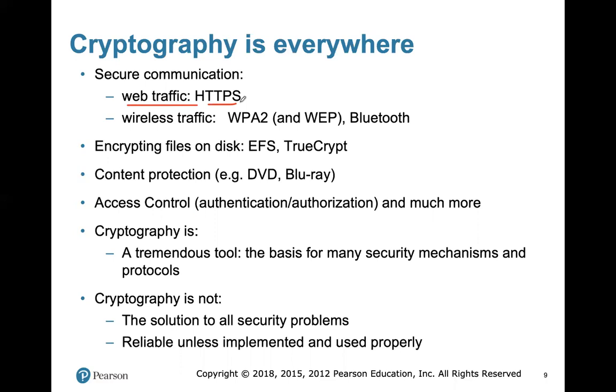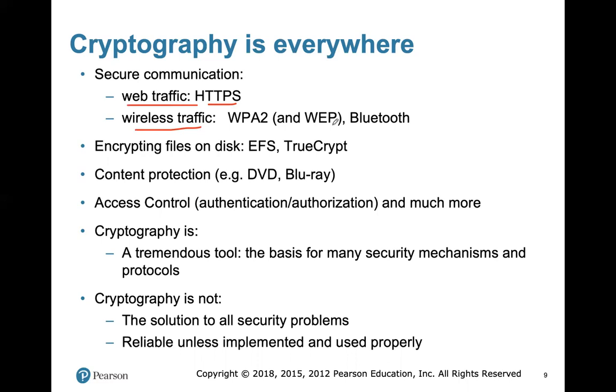The data which is being transferred between the web server and the web browser is being encrypted, which is good. In wireless networks, they may use WPA2 or WEP, or in Bluetooth, which are encryption algorithms that encrypt the data, because wireless data, by nature, is broadcast.